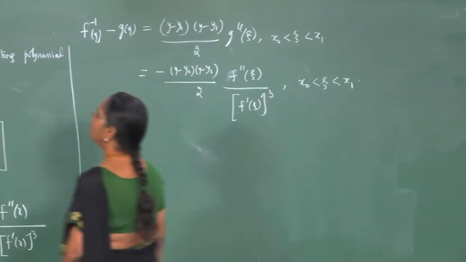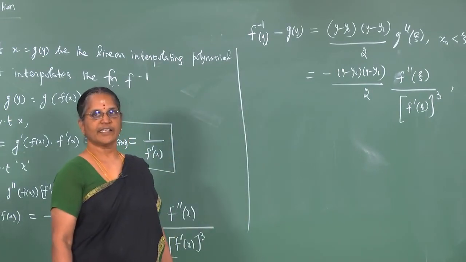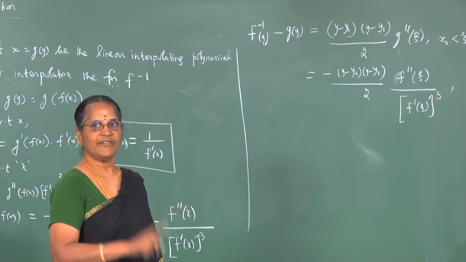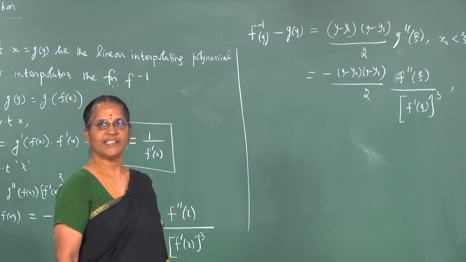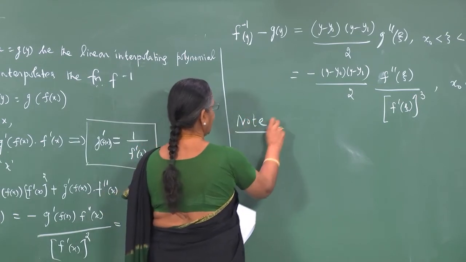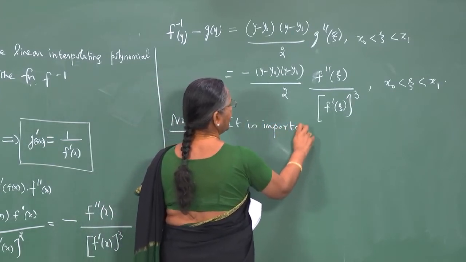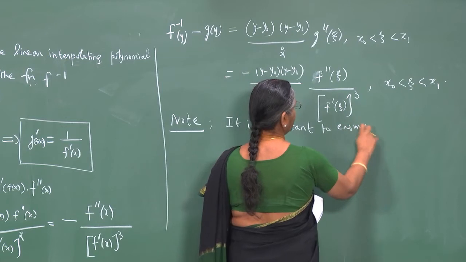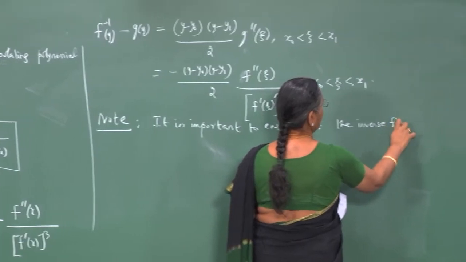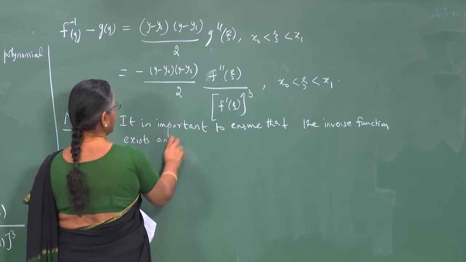Remember, while doing inverse interpolation, we must ensure that the inverse function exists and it is single valued. Otherwise, our computations are absolutely useless. So, we just give that as a note that it is important to ensure that the inverse function exists and is single valued.